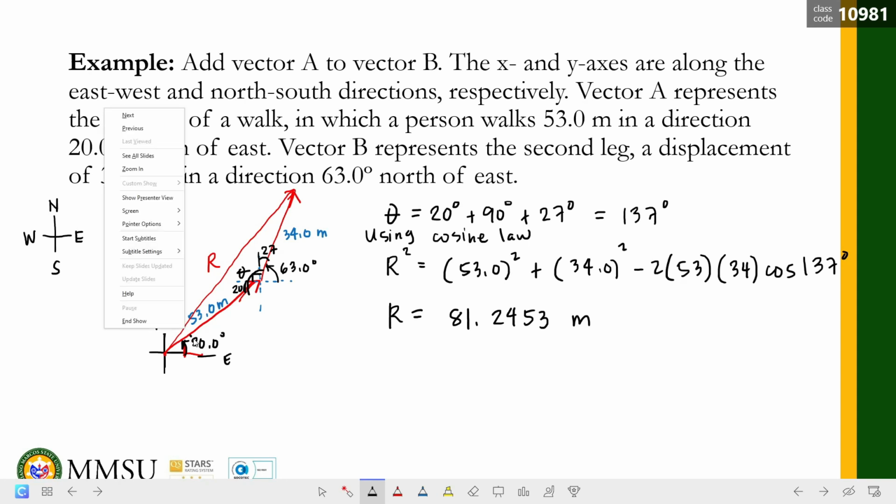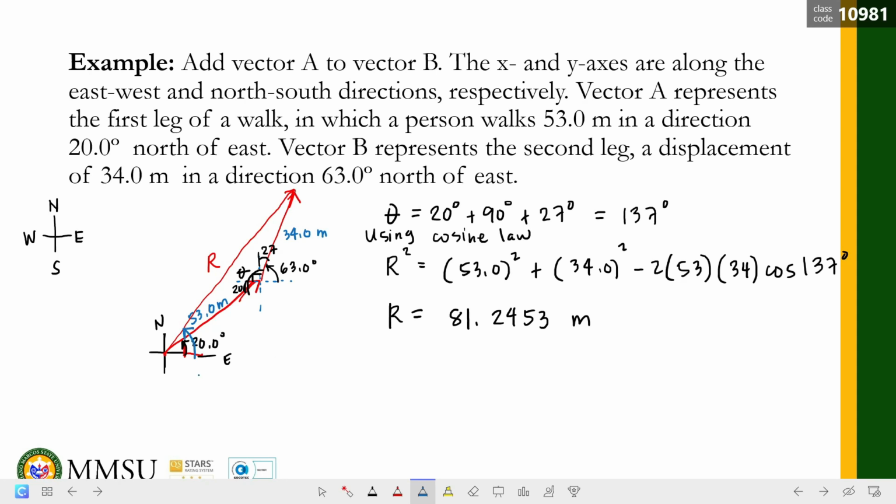Ito yung kailangan natin na angle. So, 20 plus whatever itong small angle na to. So, itong maliit na angle na to, tawagin natin as alpha. Yan, tawagin natin yan na alpha.